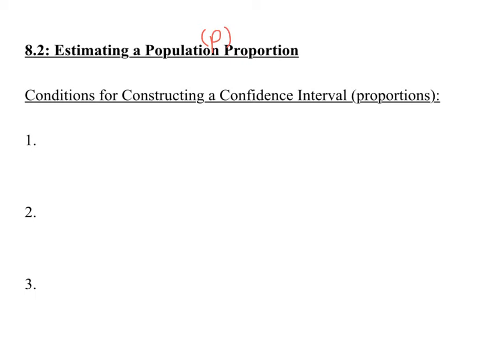So we're going to start by talking about the conditions necessary for constructing a confidence interval for proportions. And actually, I have a feeling most of these, or all of these, should be familiar to you. So the first condition is that our data come from a random sample.